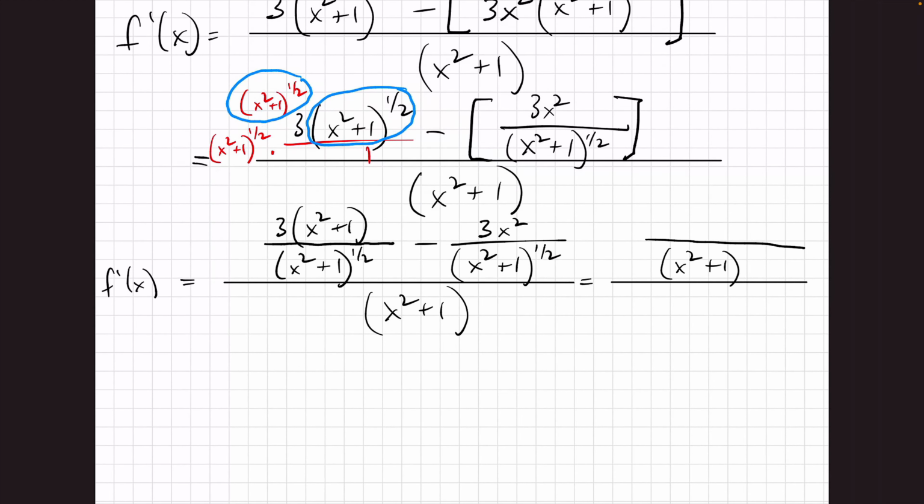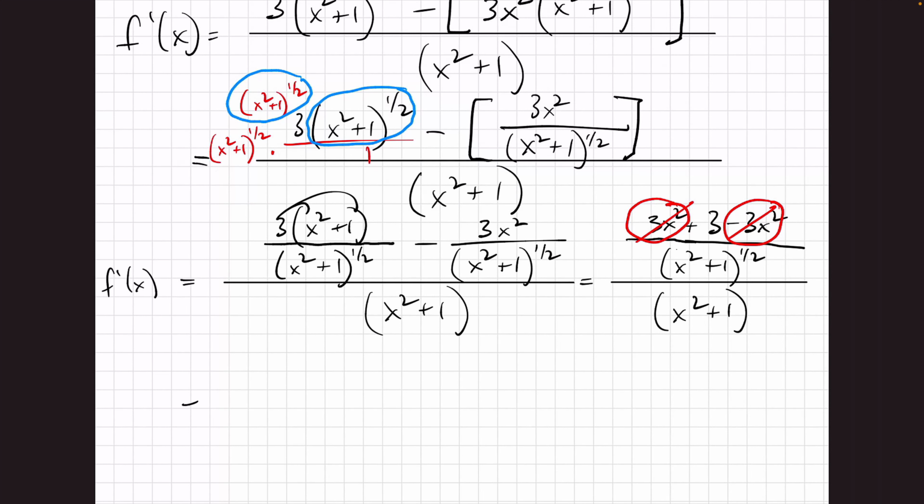So x squared plus 1 to the 1/2 power. And then I can distribute that 3 to get 3x squared plus 3, minus 3x squared. These two cancel out.